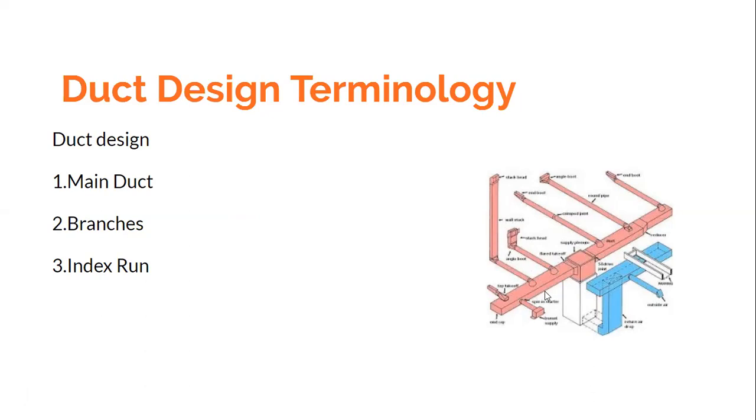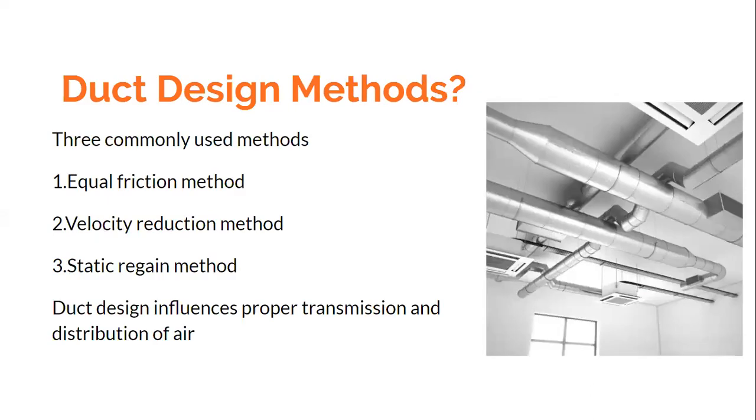The index run is the duct length which is encountering the maximum resistance, and that becomes very important, especially when you are talking about design methods, including the equal friction method and the other, velocity reduction method.